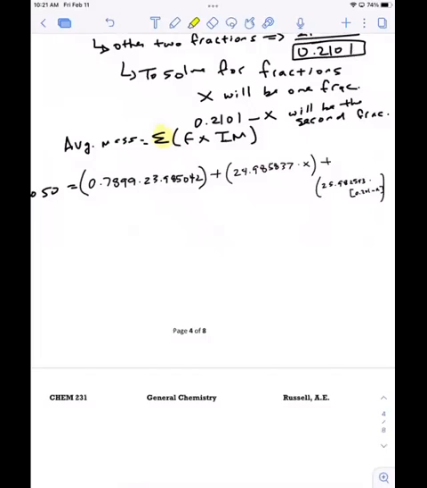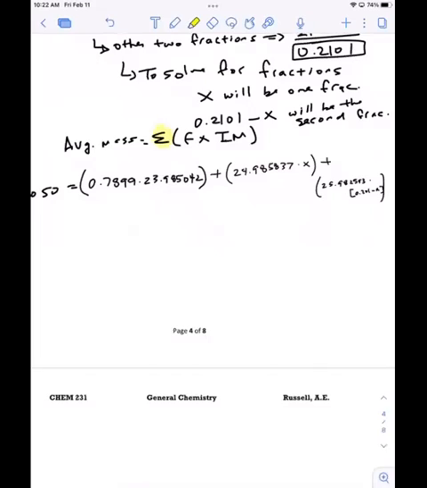And each bracket is going to have the same two numbers, the fraction times the isotope mass, plus for isotope 2, the fraction times the mass, plus for isotope 3, the fraction times the mass. Are we following? Anybody not following? And again, your fractions have to add up to 1, or your percentages have to add up to 100.